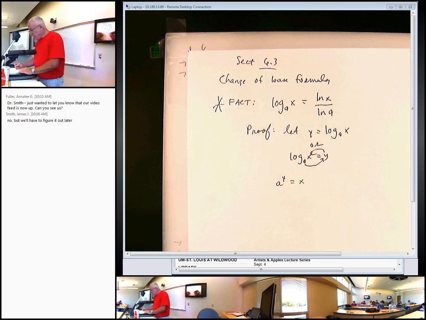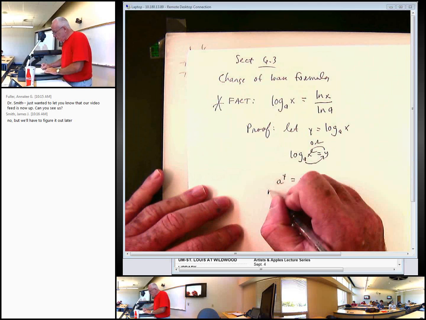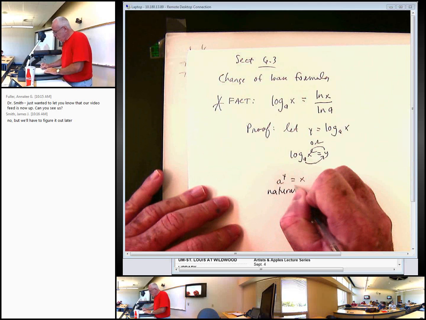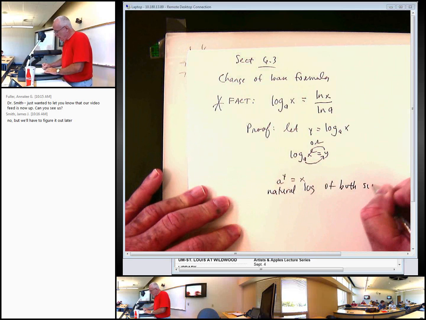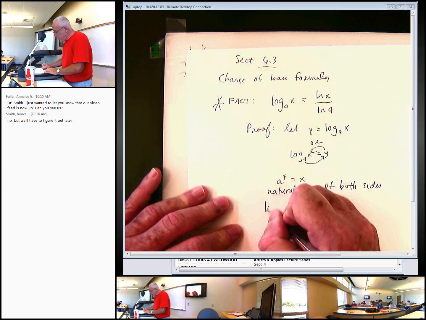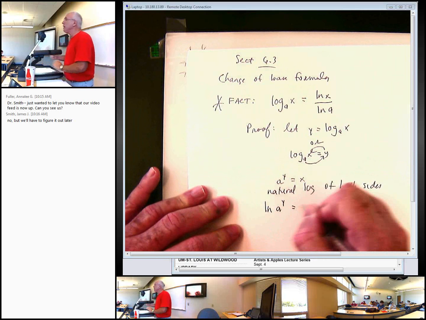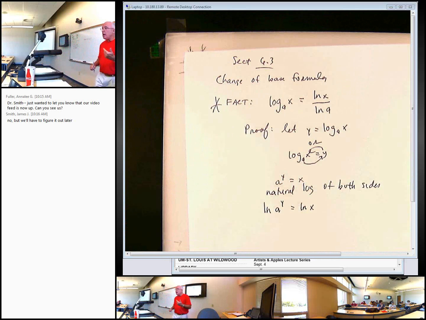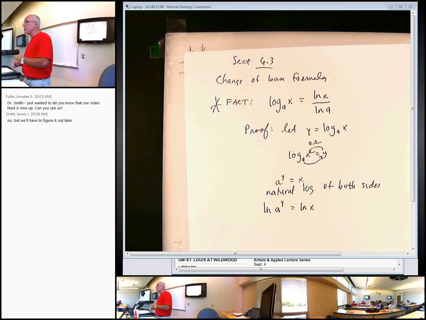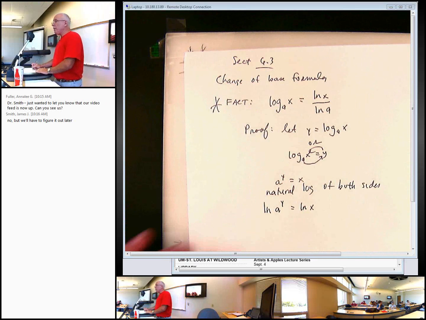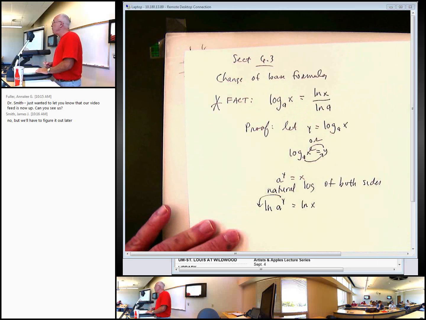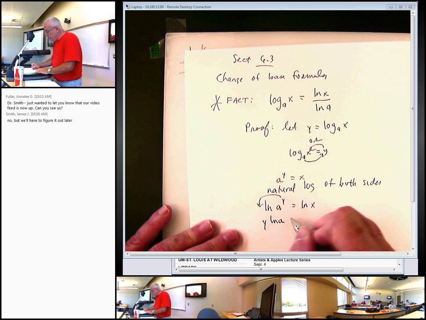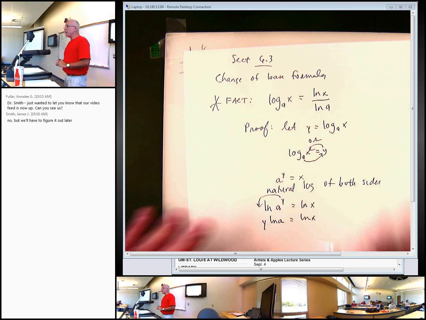All right, now take the natural log of both sides. So we take the ln of a to the y equals the ln of x. And now we're going to use one of those log expansion properties where if we have an exponent here, we can bring the exponent down in front. So this is y times the natural log of a equals the natural log of x.